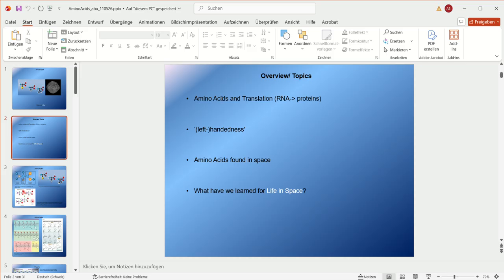So first we're going to look at amino acids and translation, which is a very important process in biology. Then we will shortly talk about handedness, or left-handedness, because it's important for our argument, life in space. And then we will talk about amino acids found in space, on a very specific body in space.